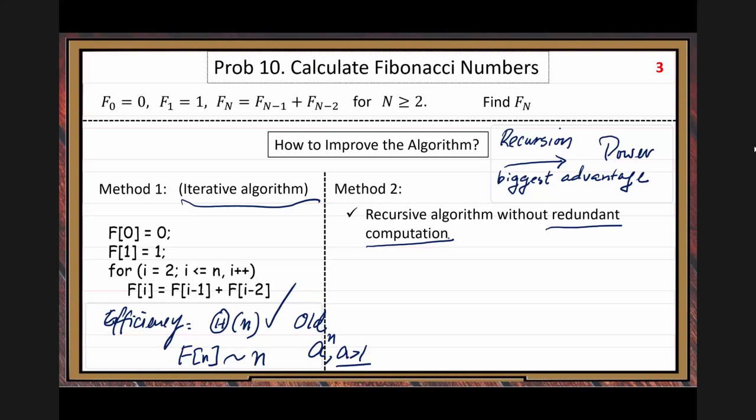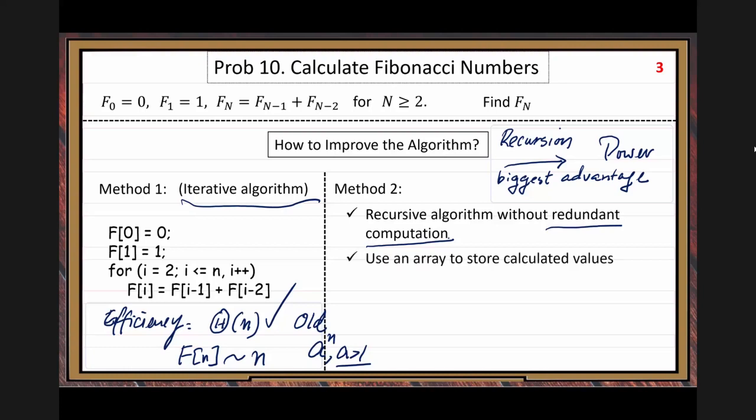Keep track of which Fibonacci numbers you have already calculated and which you haven't calculated. Then you can find an efficient way.